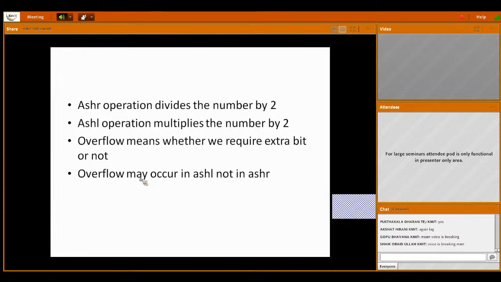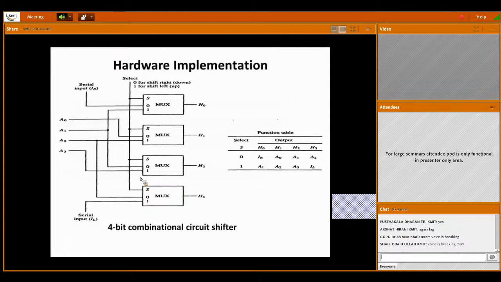The hardware implementation. How to implement using hardware components. Here take registers of 4 bits. So you will consider 4 multiplexers of size 2 by 1.